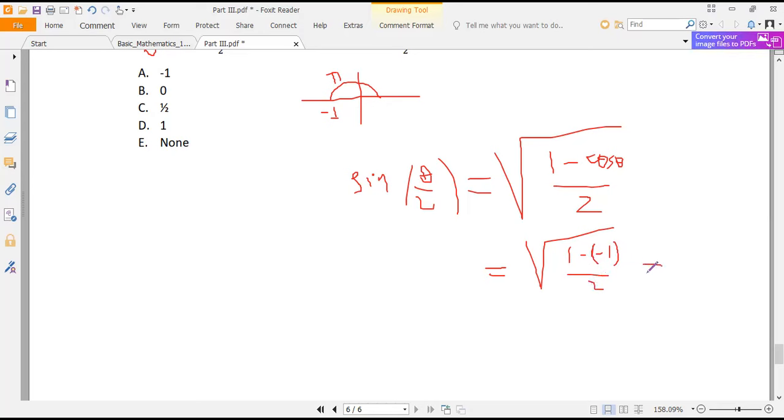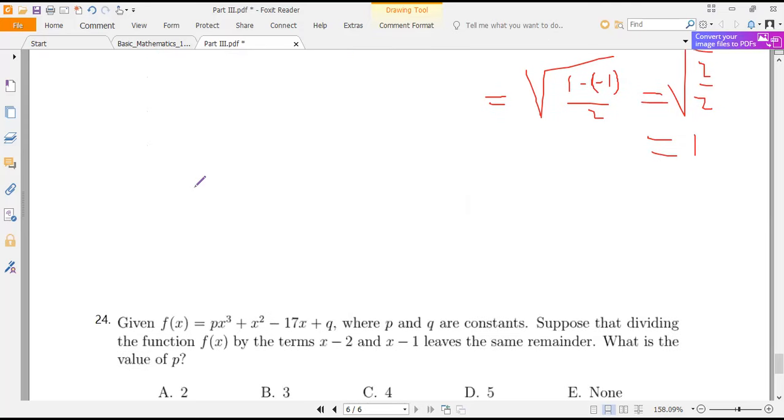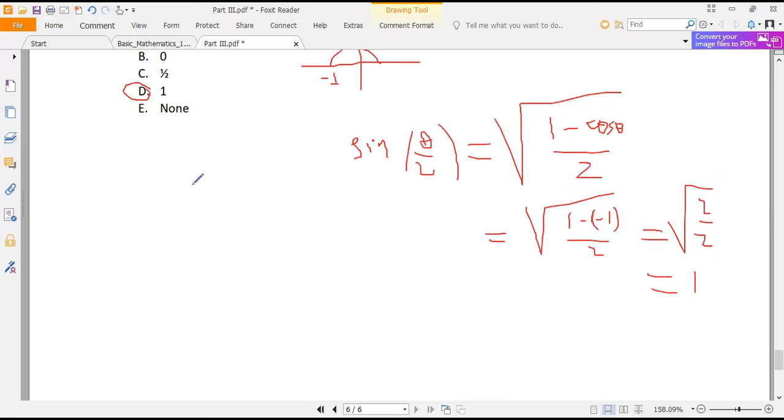So which is 2 over 2, the square root of 1, which is equal to 1. D is the solution from the set of choices. D is the solution.